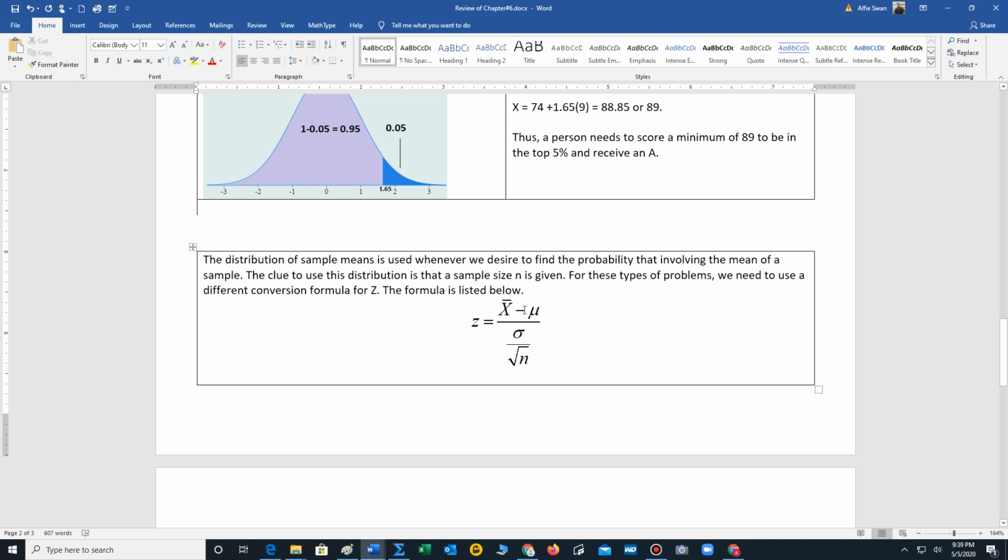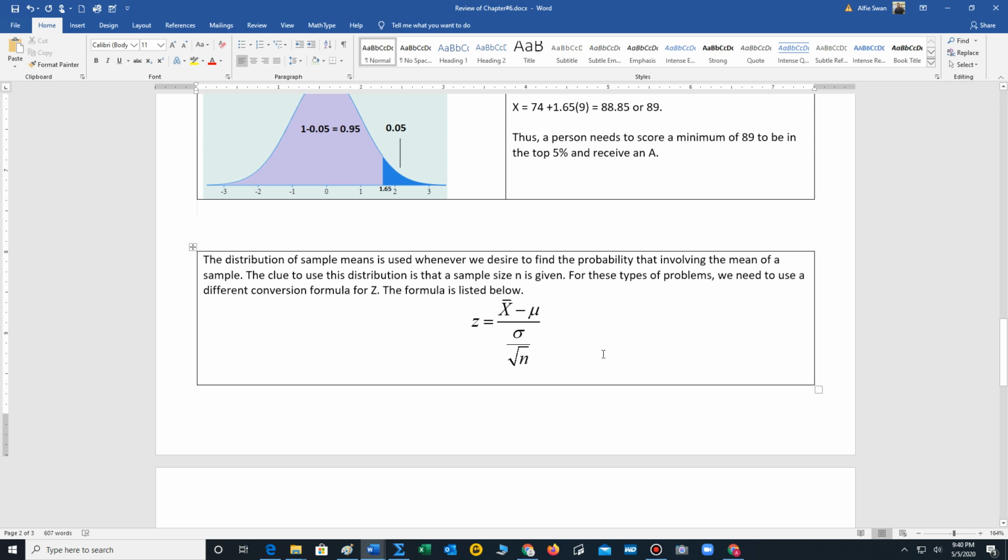So we say the distribution of sample means is used whenever we desire to find the probability involving the mean of a sample. The key to let us know that we're going to work with the distribution of sample means is that we're going to be given a sample size of n.